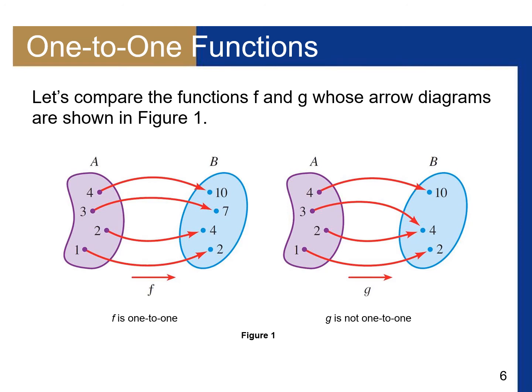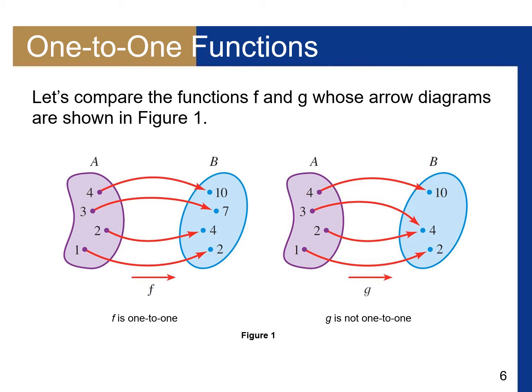So we're going to compare these two. Now notice over here, for every x value, I have a different y value. So again, I'm saying for every x value, I have a different y value. I have 4 and 10, 3 and 7, 2 and 4, 1 and 2.